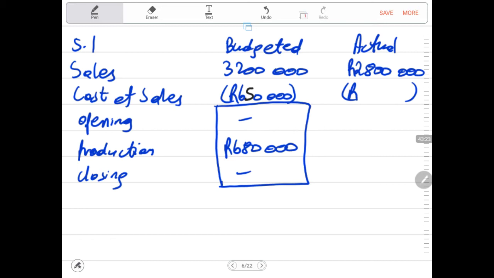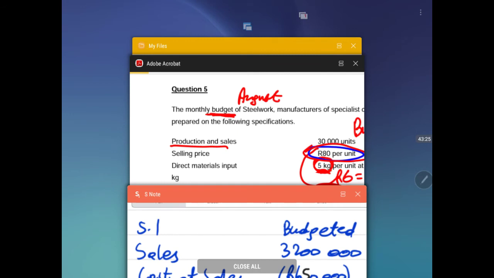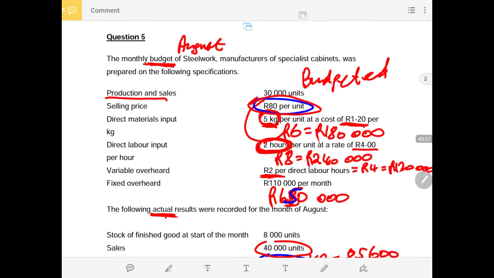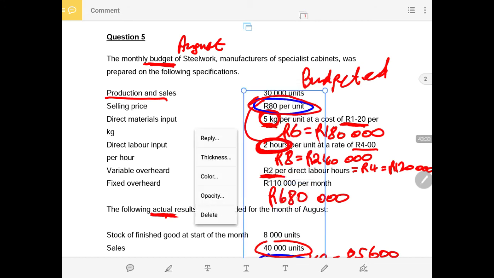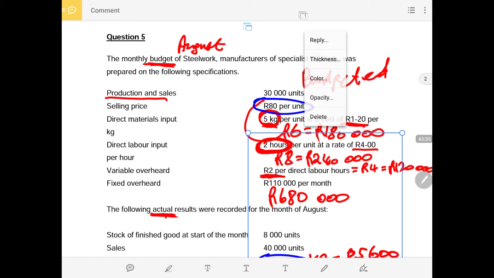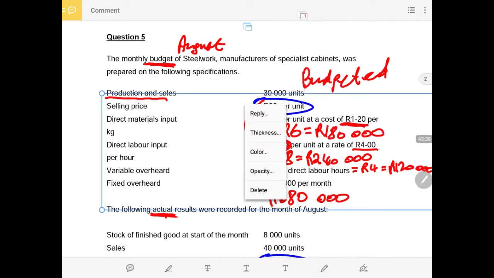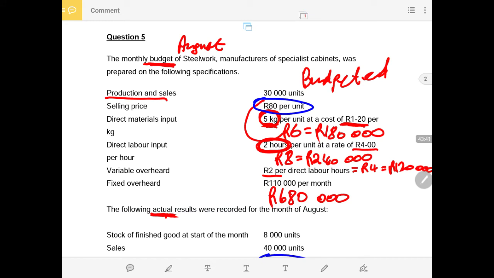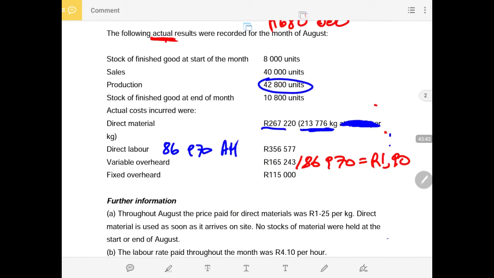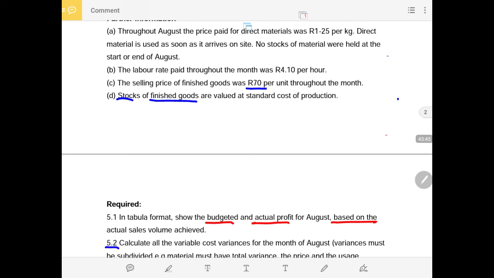Our actual profit, there's something that was highlighted and is very crucial to note. They said to us that the cost of production must be based on standard cost. Let me go to that sentence.